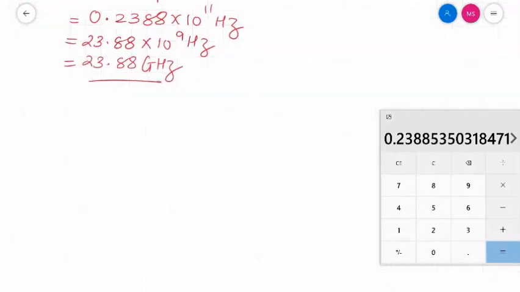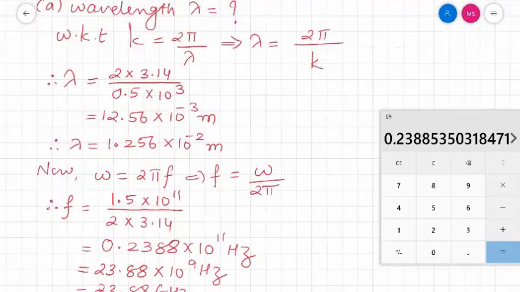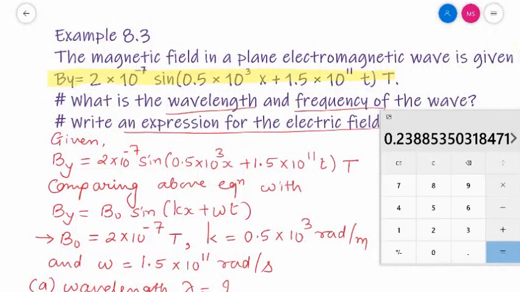Now in the second case, it is asked to find the equation for electric field. So the expression for electric field is, remember, electric field will be along the z axis in this case, because it is given that magnetic field is along the y axis.